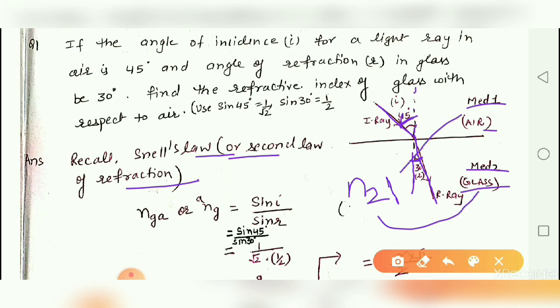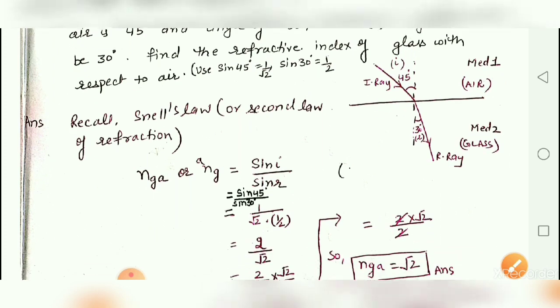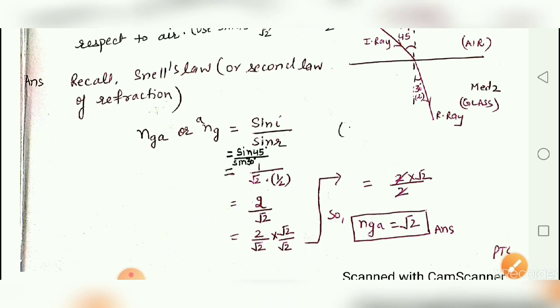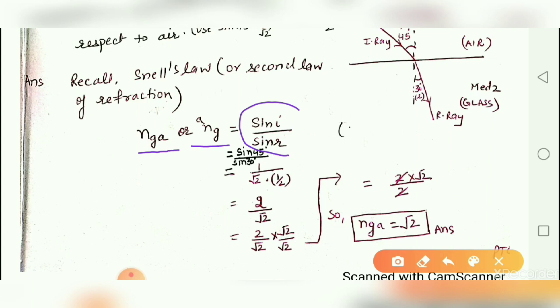So we will write it as n_ga, the refractive index of glass with respect to air, which is the ratio of sin i upon sin r.